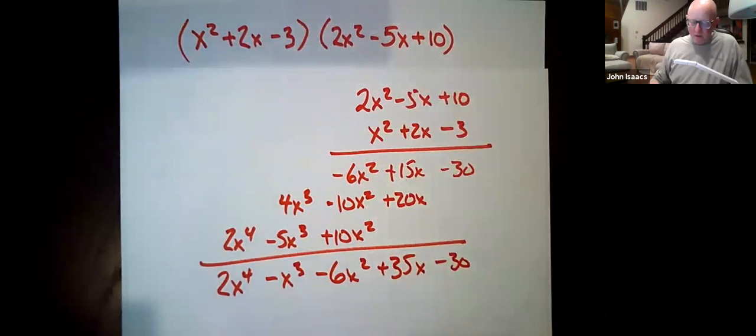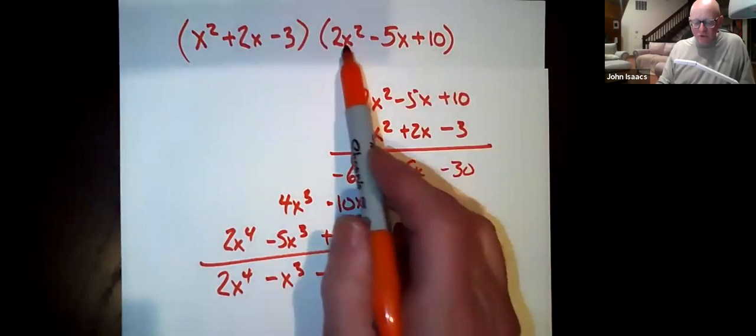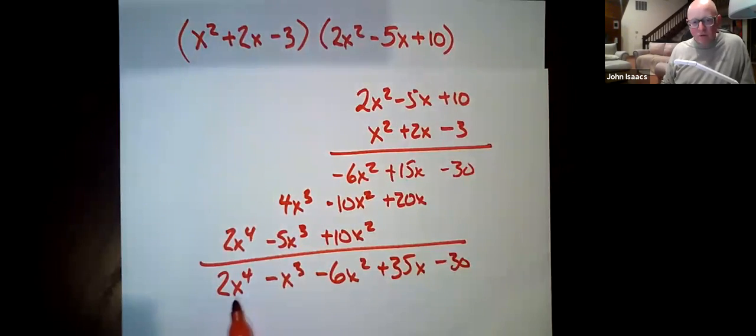Okay. So if we multiply two things that are a power of 2 each, we wind up with something that's the power of 4. We also wind up, in this case, with 5 different terms. So it's a 5-term polynomial of the 4th degree. So that's one way to do it, stacking.